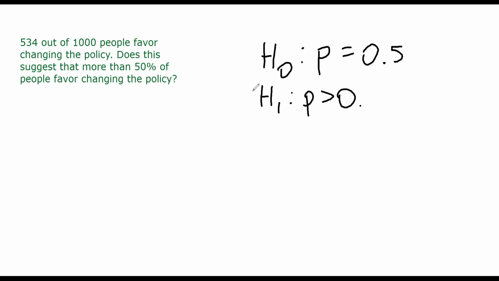The population proportion greater than 0.5, that is what we're testing. This could also be called your P0. It's the hypothesized value of the proportion. You can call it that if you want, but I won't use that terminology quite here.